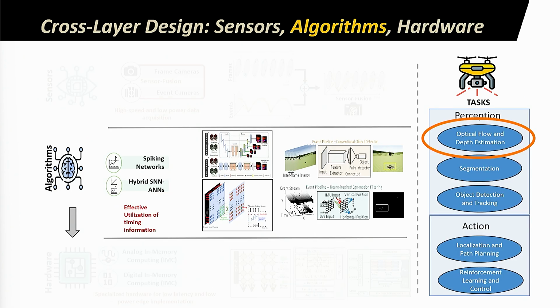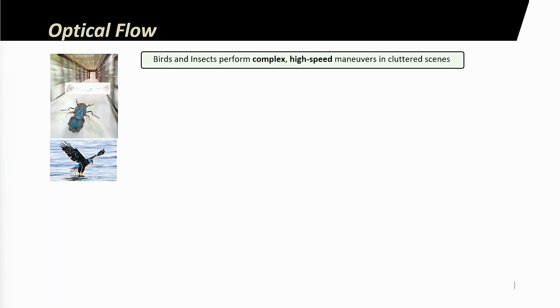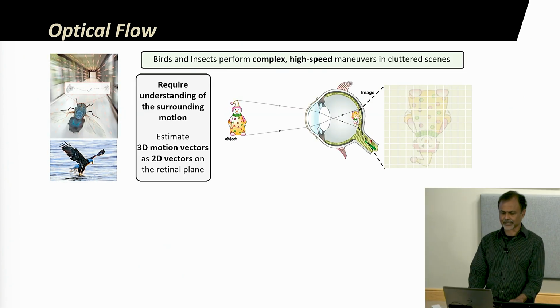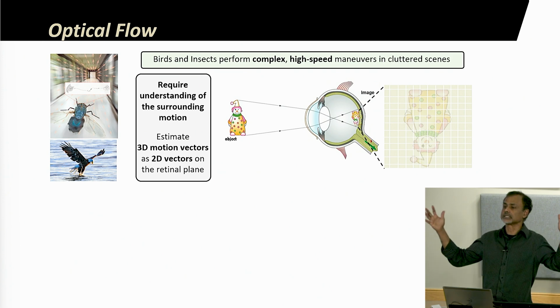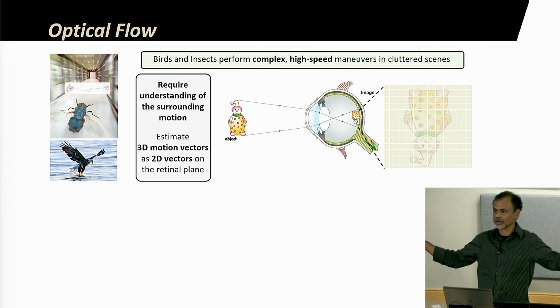So to that effect, let's now look at the network architecture and figure out what kind of network architecture I should use. Should it be ANN, SNN, LSTM, hybrid, and so on? Let's look at, as an example, optical flow, which is required everywhere. So what is optical flow? Optical flow is the fact that I require an understanding of the world around me.